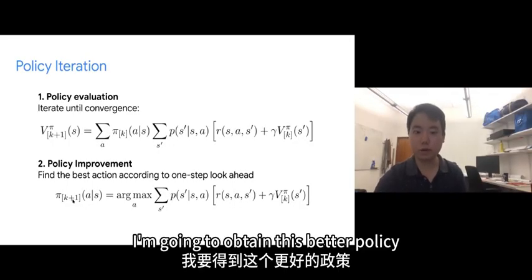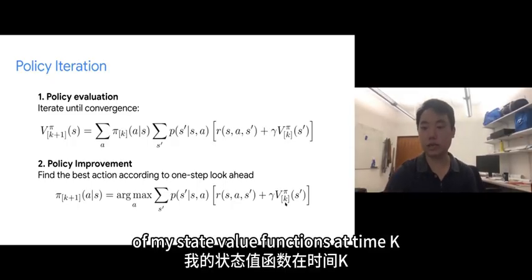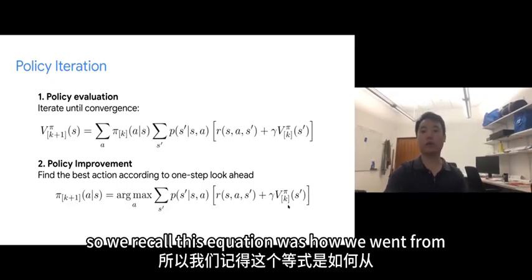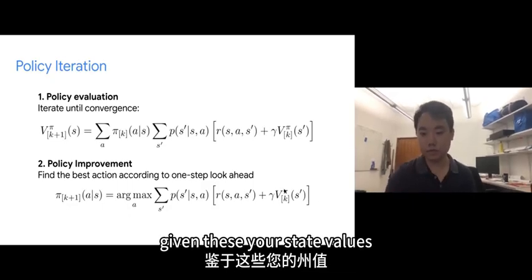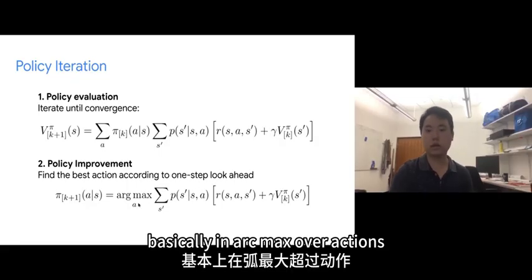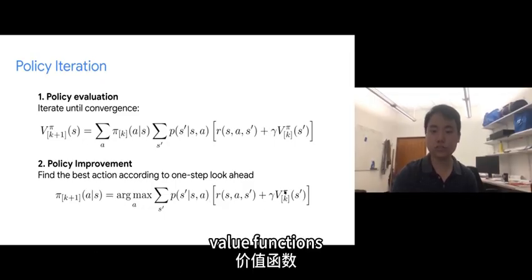I'm going to obtain this better policy by using the estimates of my state value functions at time k. Recall this equation was how we went from your state values to your best policies using a one-step look ahead. Basically an argmax over actions, with each action evaluated based on how good it is under your value functions.